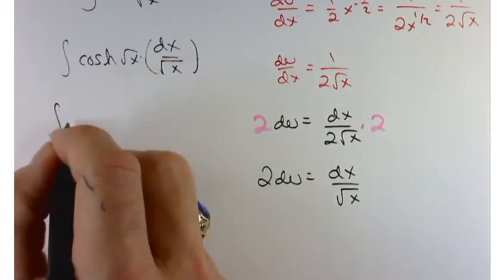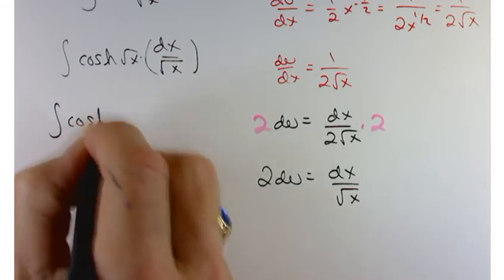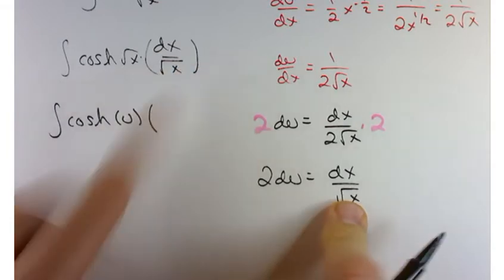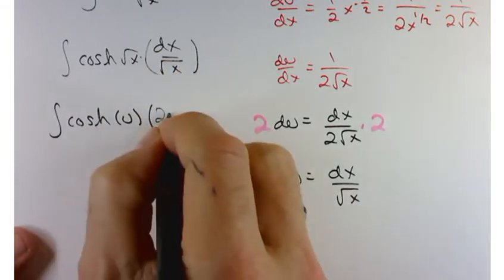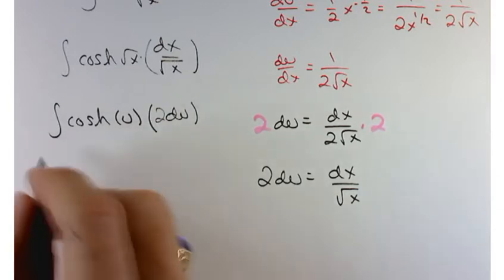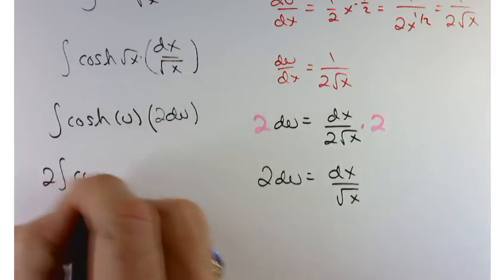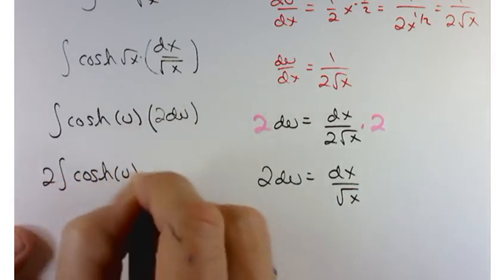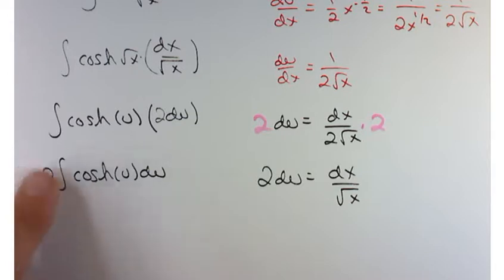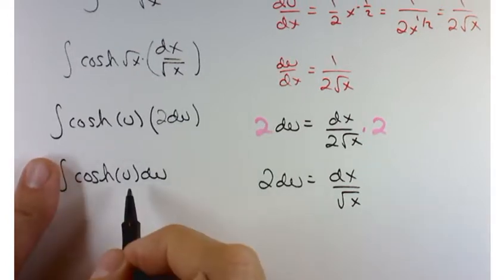That's the way I like doing these things. You don't have to do it the same way. That's okay. This gives me a nice 2 du. The 2 can come out in front. Now you've got to ask yourself, well, what do I differentiate to get cosh?